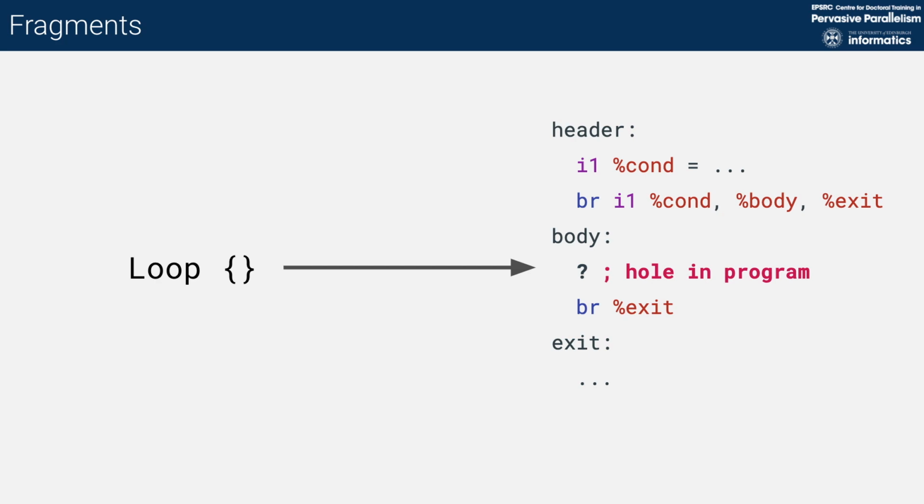Other fragments in the composed program will also create symbolic holes in places where meaningful computation should occur. And it's this set of symbolic holes that forms the second phase of the synthesis process, which we won't cover in this talk.